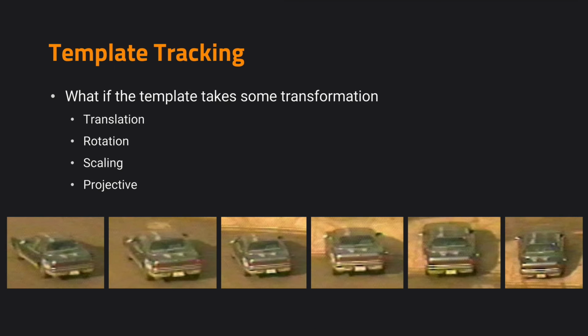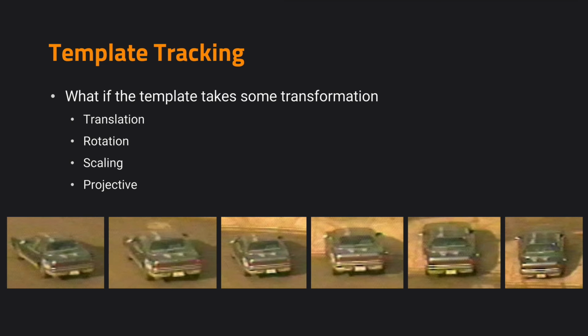When we consider a bigger patch, some other factors come into consideration, especially what if the template takes some transformation across the frames? Of course, we want to be invariant to translation, which means that even if the objects move in the 2D space, we can always find them.